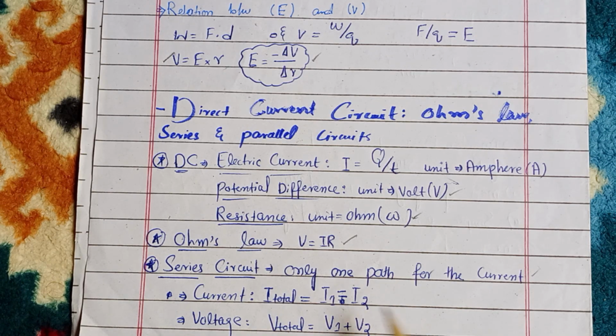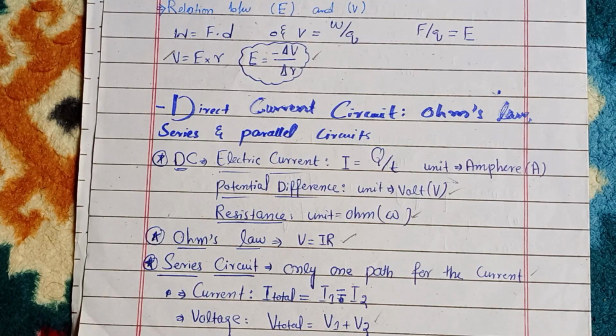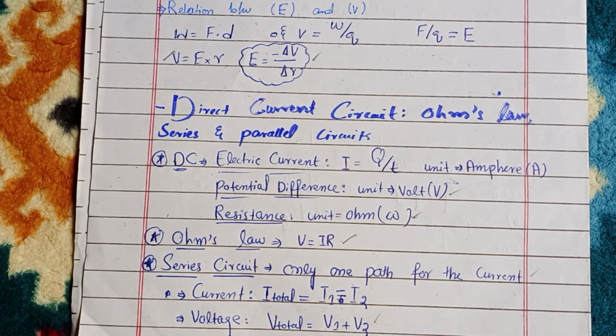And the total voltage will be equal to the sum of the individual voltages. Now what is equivalent resistance? The resistance in the series circuit is that we will sum up the individual resistances, and then it will give us the equivalent resistance.